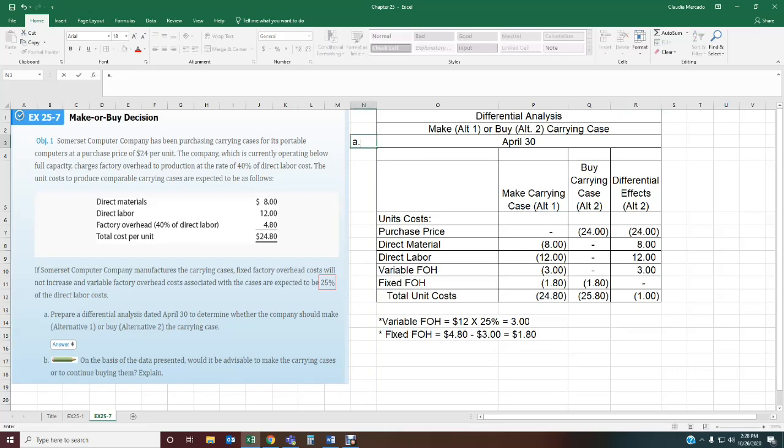So this is requirement A. And over here I'm going to put requirement B. On the basis of the data presented, would it be advisable to make the case or to continue buying the case?